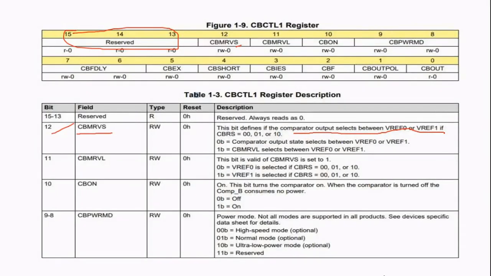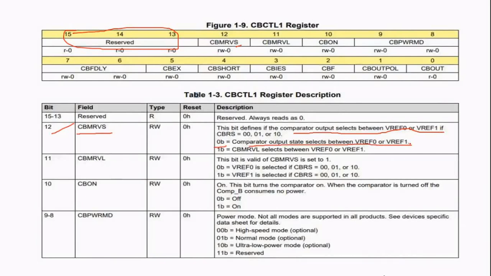Now see that I have 2 reference values, VREF0 and VREF1. Out of these two, you have to select any one. If it is set to 0, the comparator output state selects VREF0 or VREF1, either one.